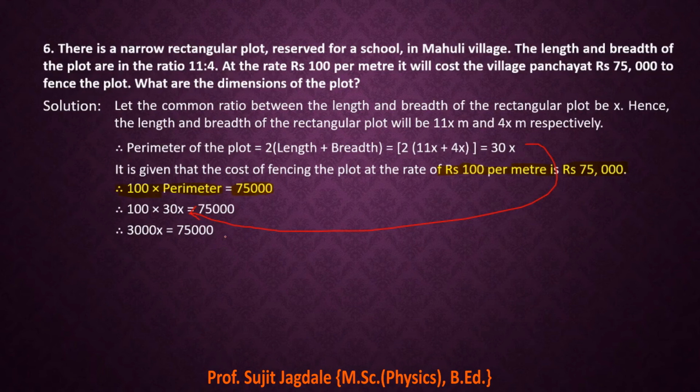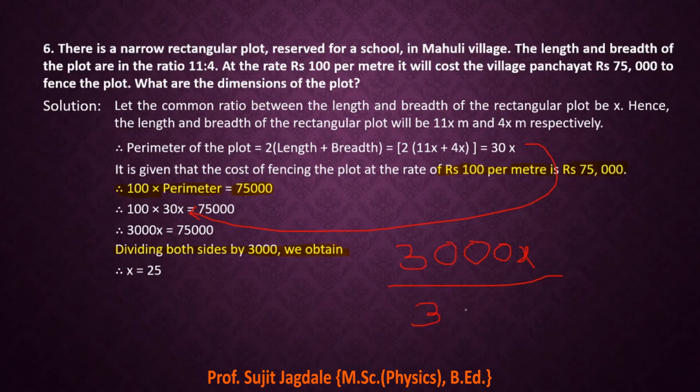And after solving it, we are getting 3000x, which is equal to 75,000. In order to find out the value of x, we have to divide it by 3000. So therefore we are getting x is equal to 25. How are we getting this? 3000x divided by 3000, you can solve it in this way, which is equal to 75,000 divided by 3000.